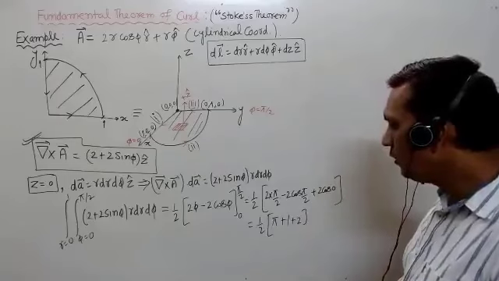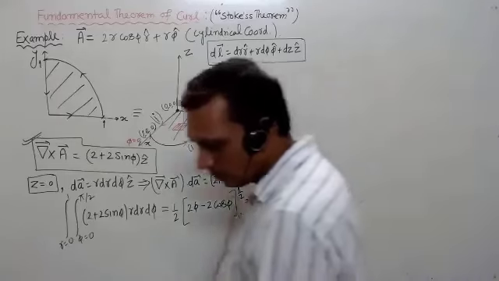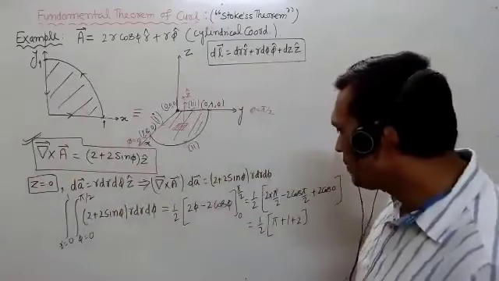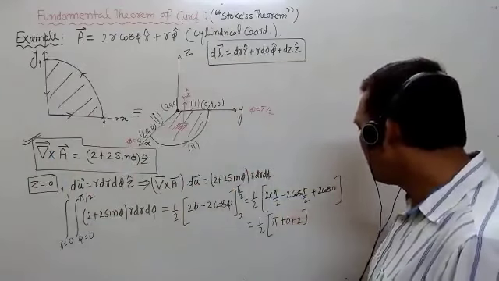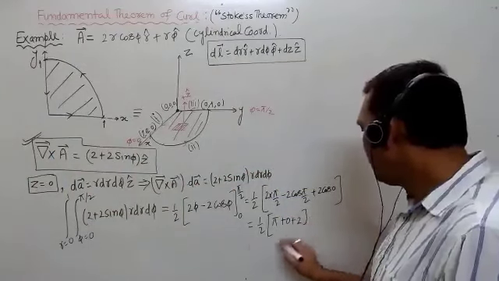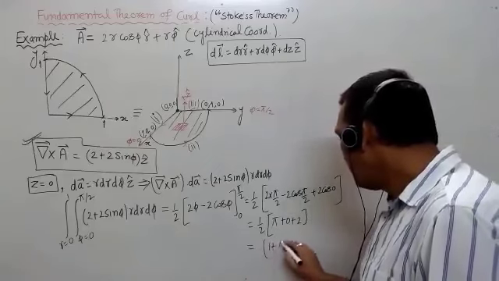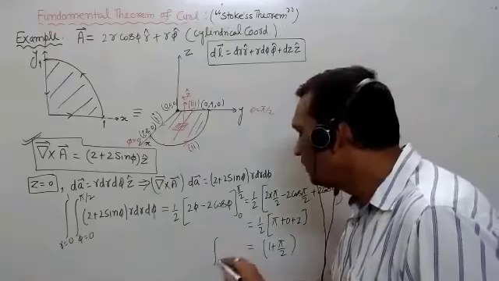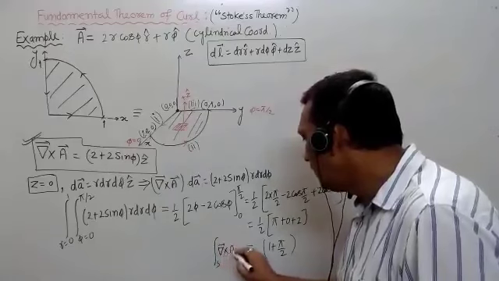So you will get 1 by 2 times (pi plus 2), and this value will be 1 plus pi by 2. So this is the surface integral of del cross A dot dA.